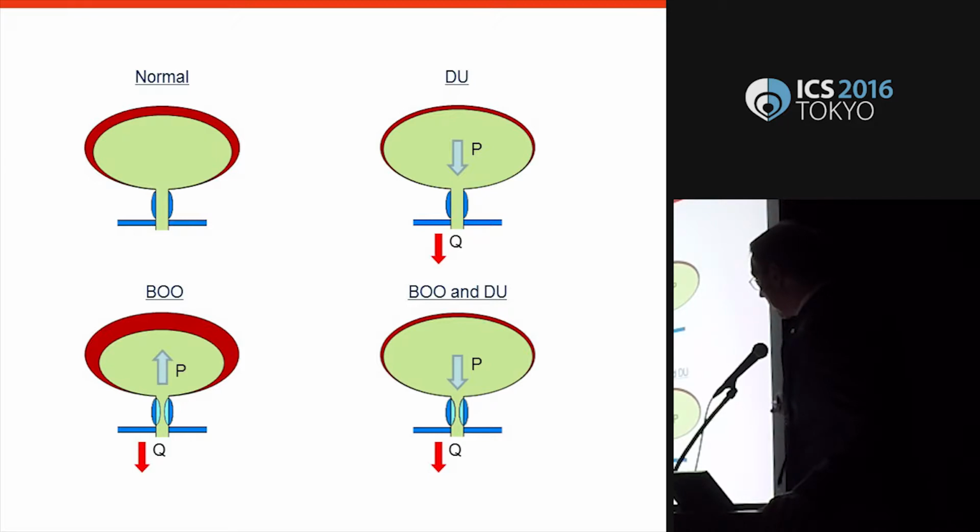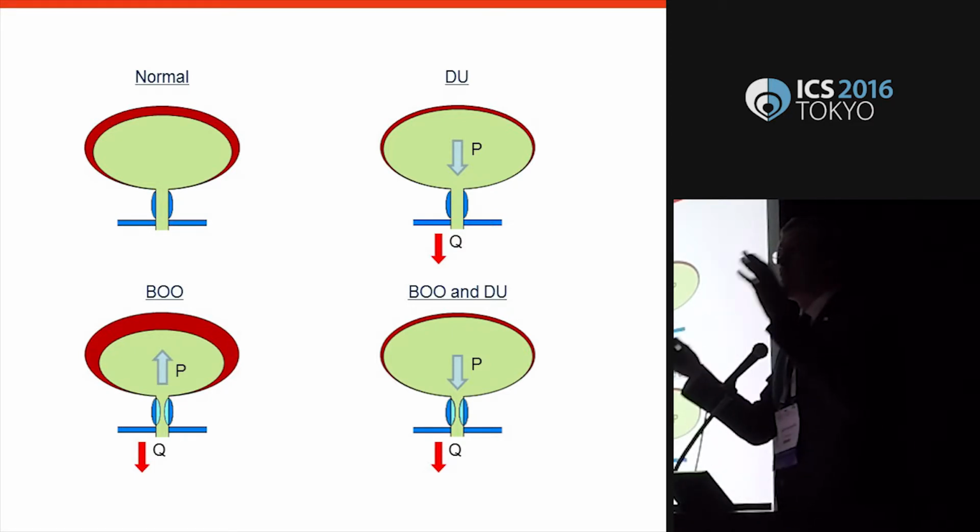And we have also the combination of bladder outlet obstruction and Detrusor Underactivity, but now it's becoming difficult. So we have good thresholds, specifically with bladder outlet obstruction. We have poor threshold values available in the literature about Detrusor Underactivity, and we have no threshold value in the combination of both statuses.